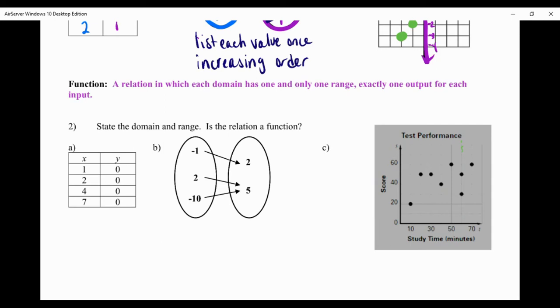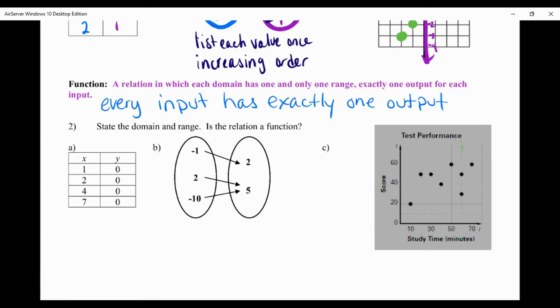I actually like to refer to it as: every input has exactly one output. Okay, so each input value can only map to one output value.